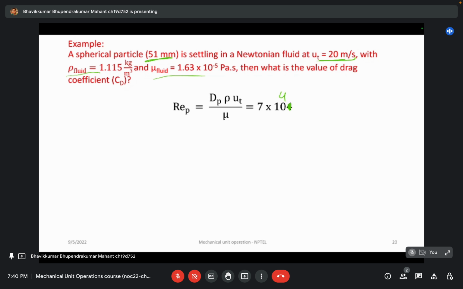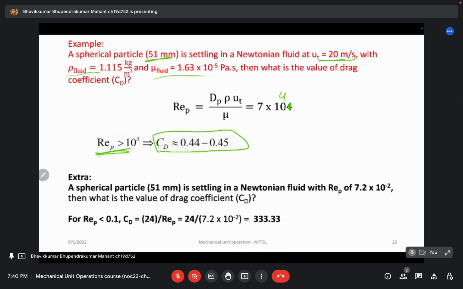For lower Reynolds number, it is 24 by Reynolds number; if higher Reynolds number, then a constant value of 0.44 you need to consider. Here the Reynolds number is more than 10 to power 3, then CD is 0.44 or 0.45 approximately. You can consider 0.44.